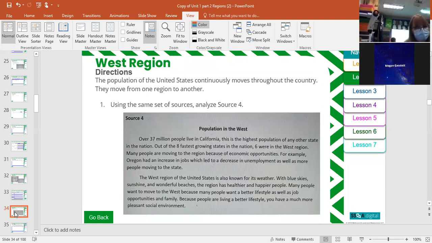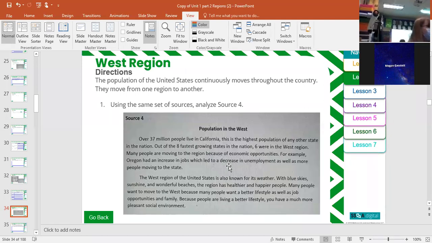Over 37 million people live in California. You see they have a grammatical error here. There should be a period and a new sentence. This is the highest population of any other state in the nation. Out of the 8 fastest growing states in the nation, 6 were in the West region.